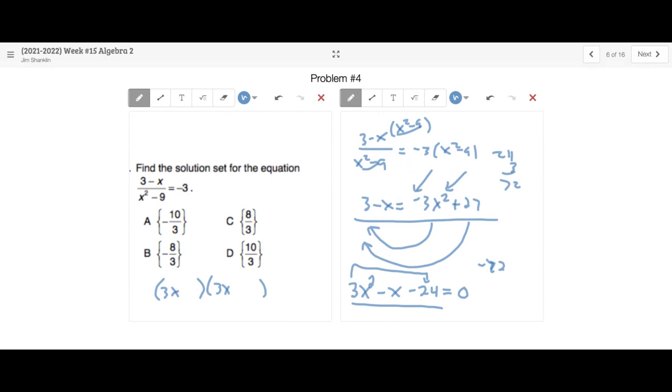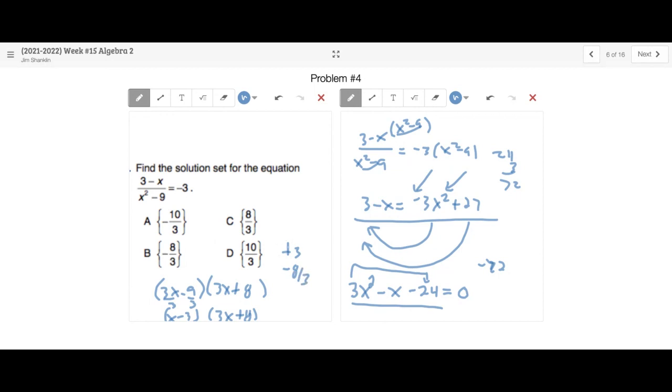Negative 9 and 8. It's absolutely correct. So now I have minus 9 and positive 8. I cheated with a 3, so I have to divide a 3 out of one of the parentheses. So that gives me x minus 3, 3x plus 8. So my solutions are positive 3 or negative 8/3.